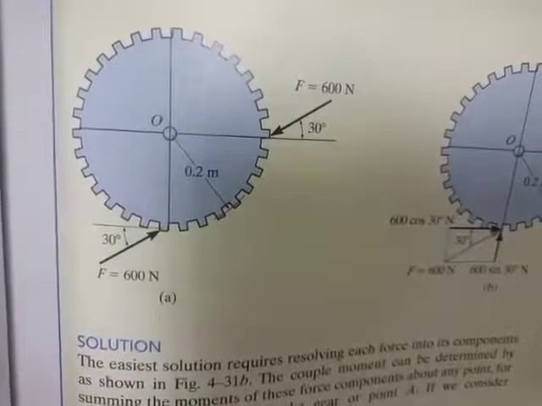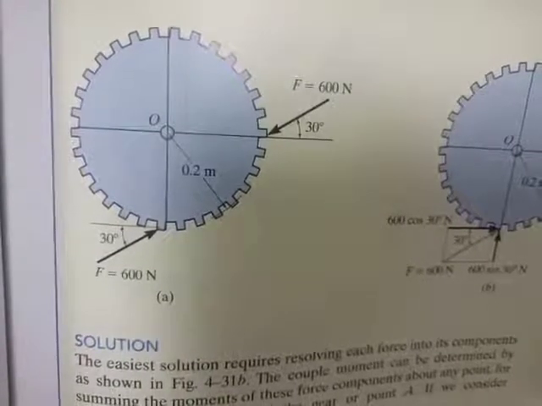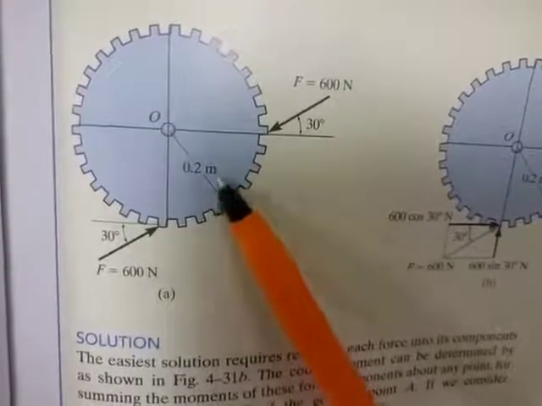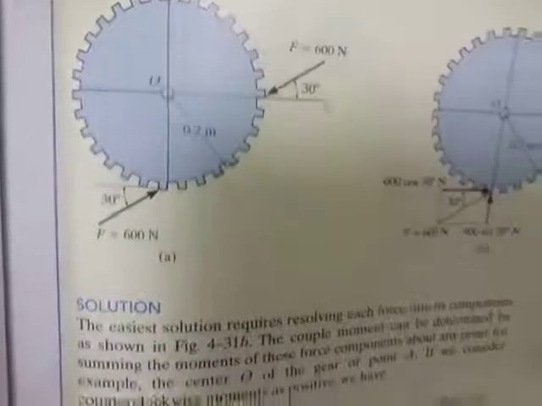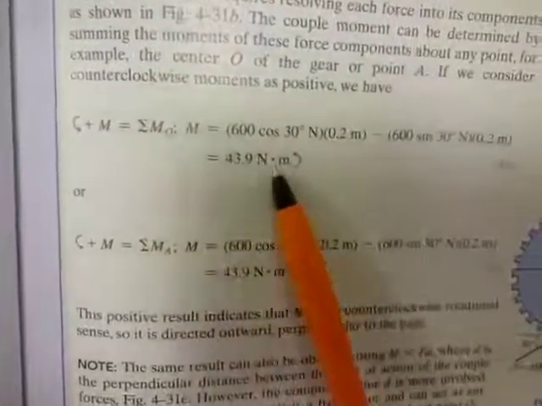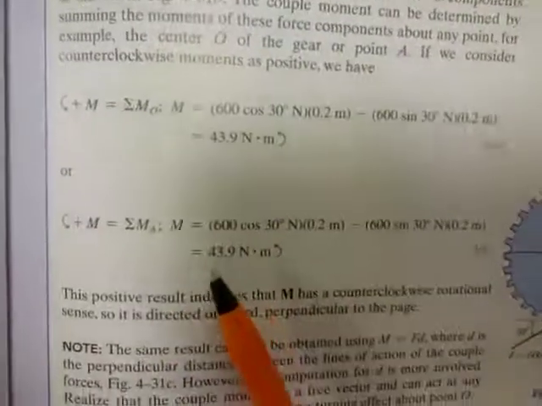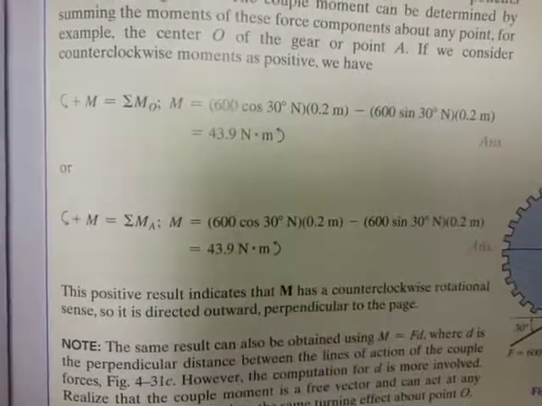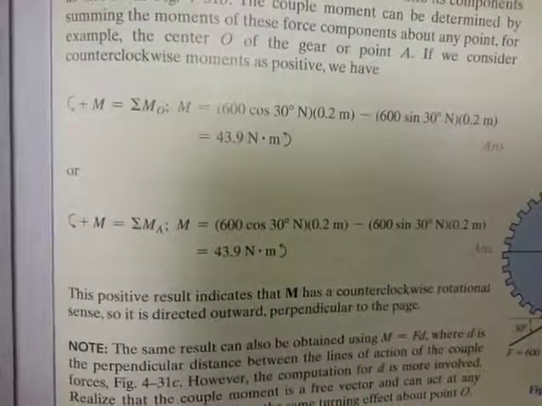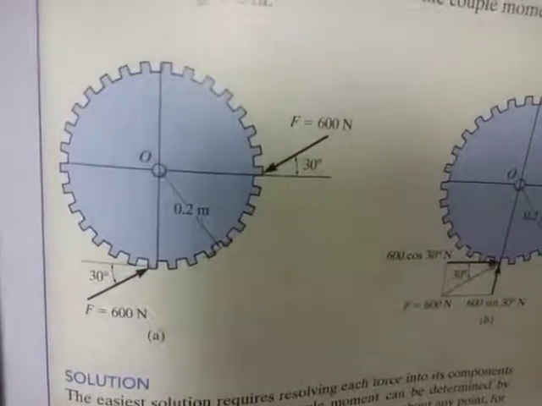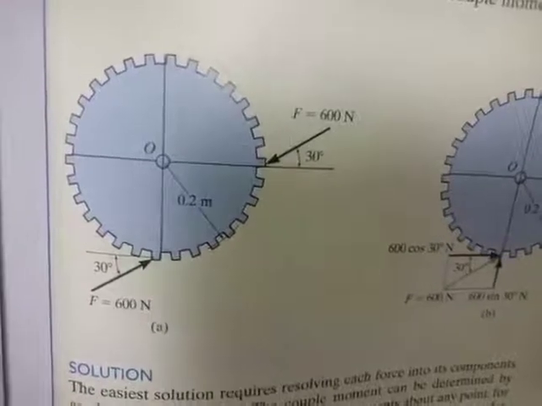We get a free vector because, in the actual maths, the only thing that will matter is the perpendicular distance between the two forces. So this is exactly what happens. They took moments about O and got anti-clockwise 43.9, then took moments about A and got exactly the same result. So what are we meant to learn from this exercise?